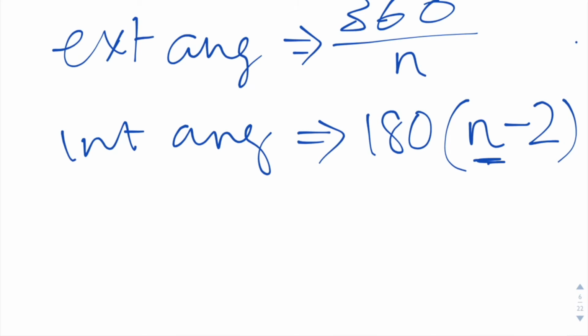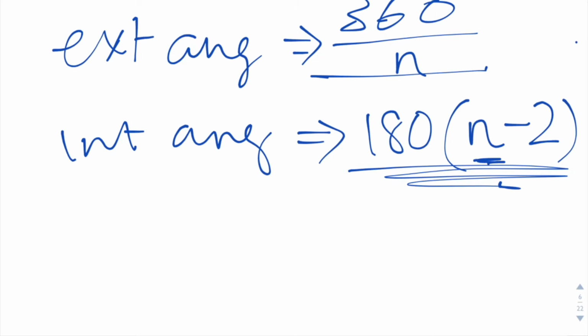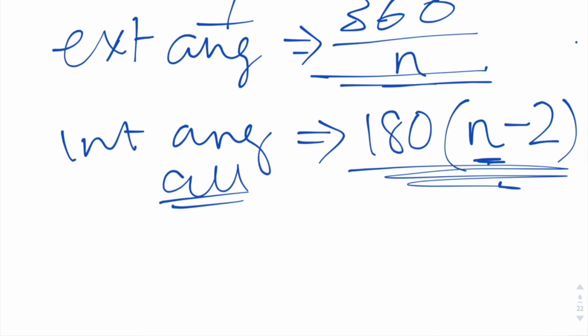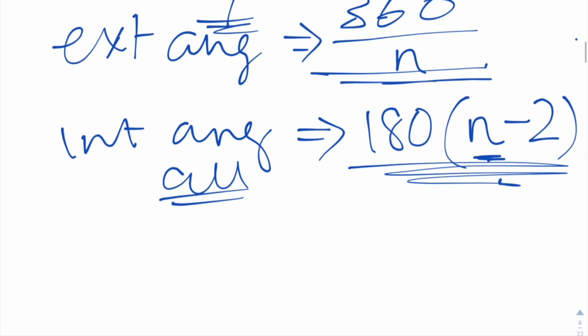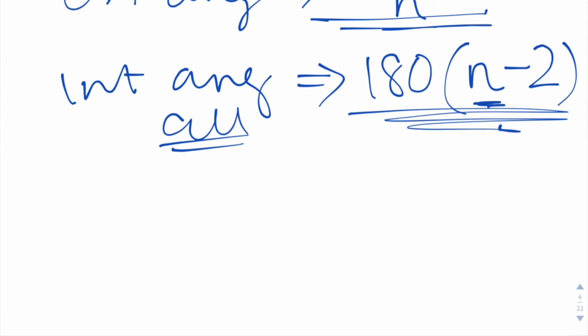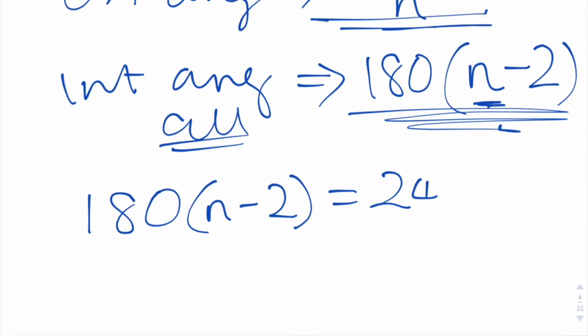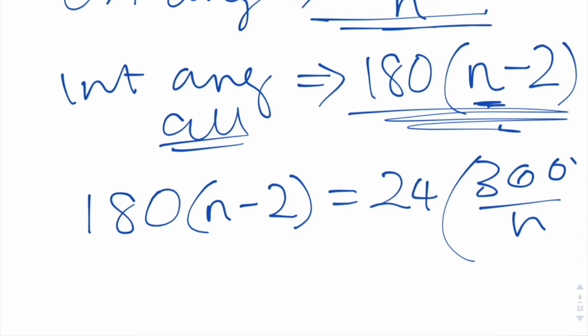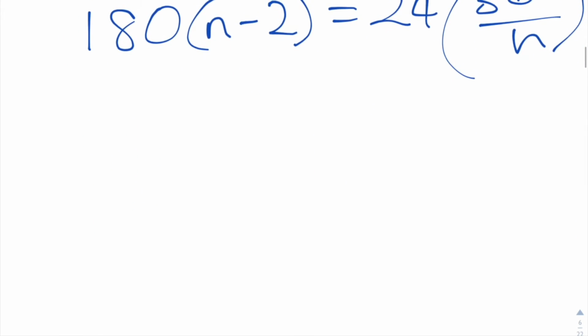Just to clarify here, this is the total sum of the interior angles, and this is the size of one exterior angle. So we can draw an equation of the form 180 times n minus 2 is equal to 24 times 360 over n. And so all we need to do now is to solve for n.